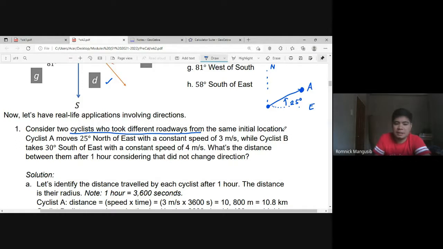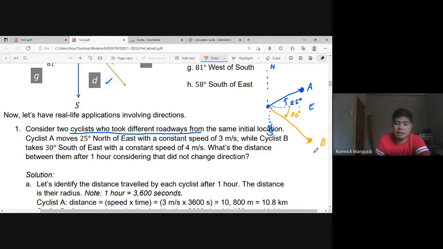Si cyclist B naman ay 30 degrees south of east. So kung nandito ang south, siya naman ay nag-move 30 degrees. Okay, so here, this is 30 degrees. So, mangyayari dyan, pero they keep on moving.